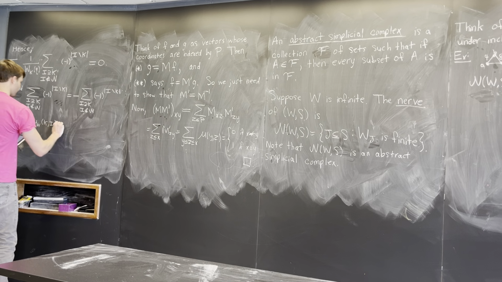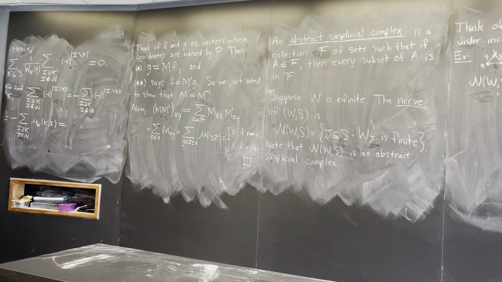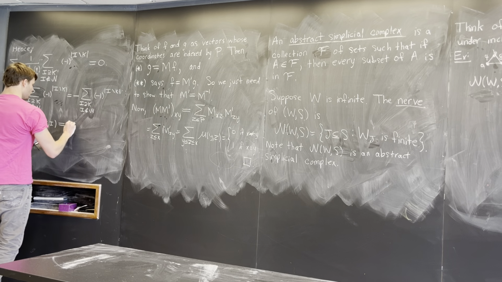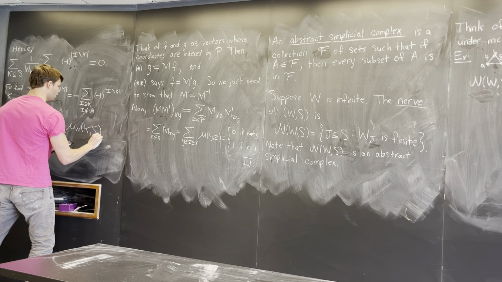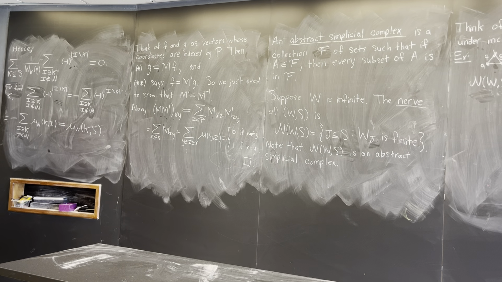And if you think about the definition of the Möbius function, which I've erased, this is mu n of k comma s. The reason is that if I move this sum over here, then I'm summing over all things in the poset that are greater than or equal to k. So I'm summing over the interval from k to s in that poset that I've drawn of the Möbius value, and that should be 0 because k is not s.